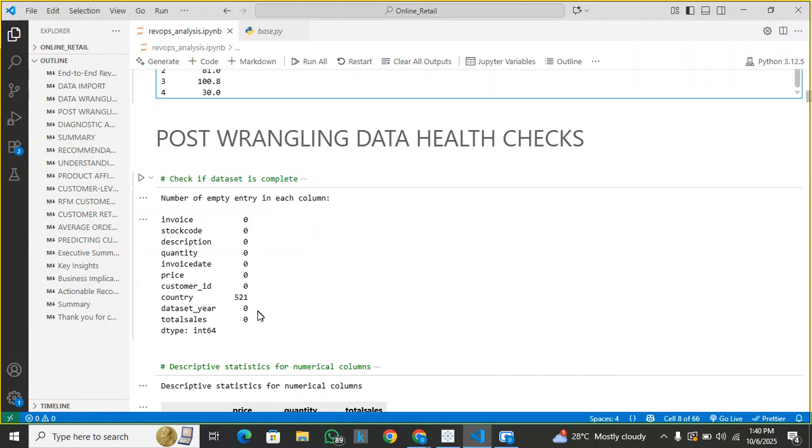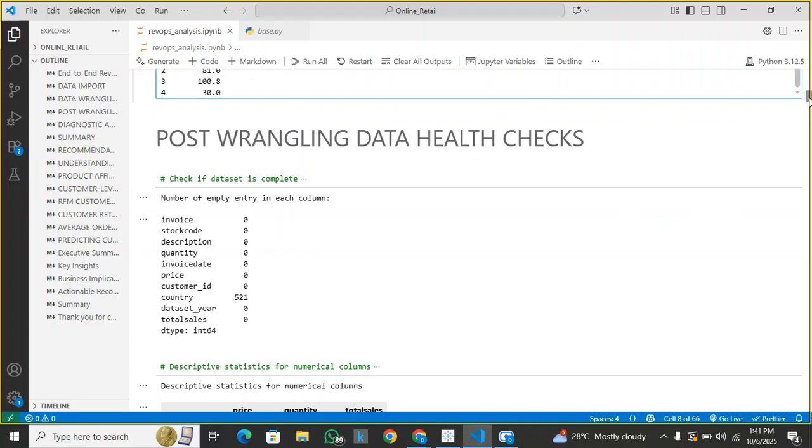We have 521 null values left in the country column, which I did intentionally because I would carry out predictive modeling on the data, and country is one of the features that will be part of the modeling, and I didn't want unspecified to be part of the categories. So I just left it null.